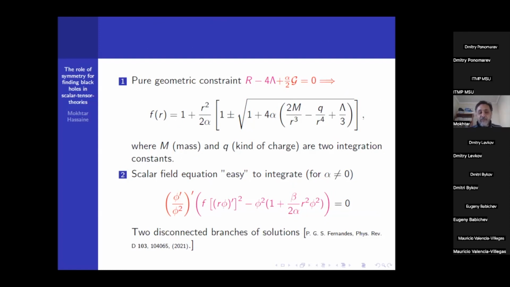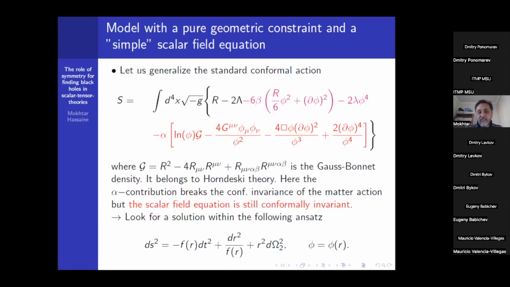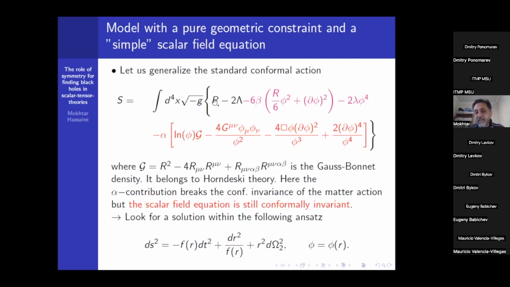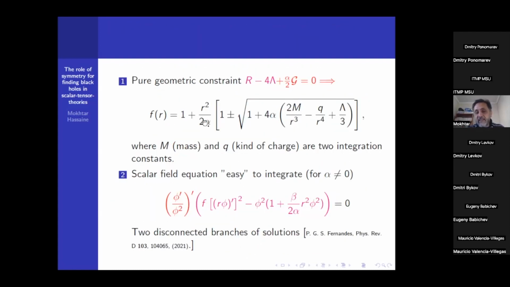So we started from this observation, and we were asking if we can generalize this model. We know that this model is the most general that will get this geometric constraint. We cannot have more than this pure geometric constraint.